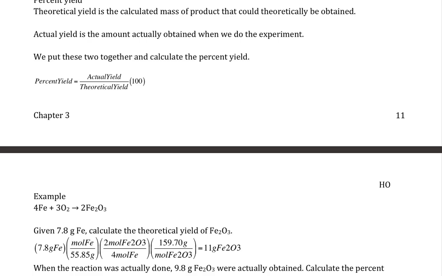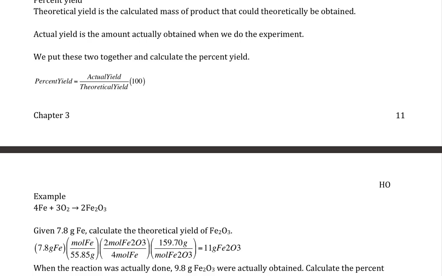In practice, when we actually do the experiment, we usually obtain less than that amount. The actual yield is the amount actually obtained when we do the experiment. We put these two together and calculate the percent yield. The percent yield is the actual yield divided by the theoretical yield times 100.